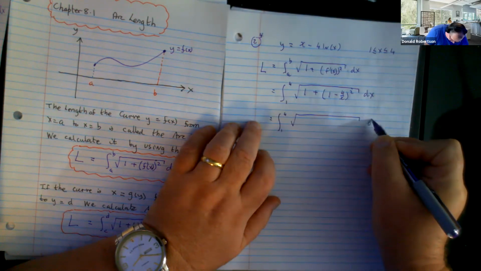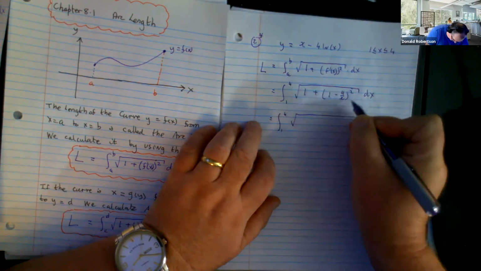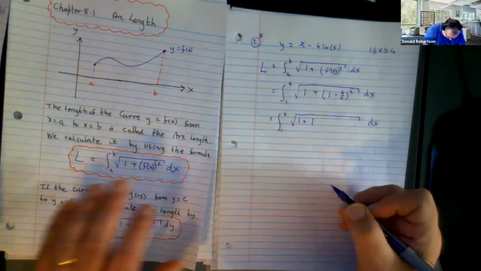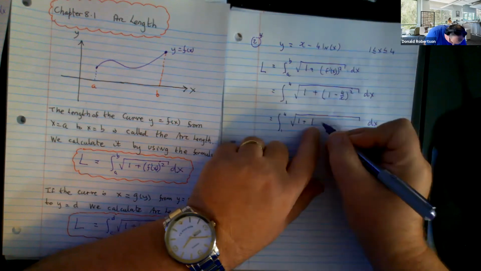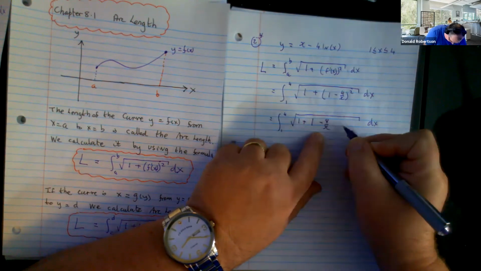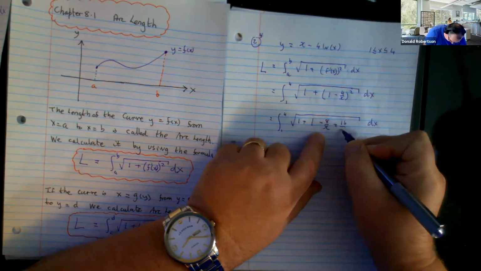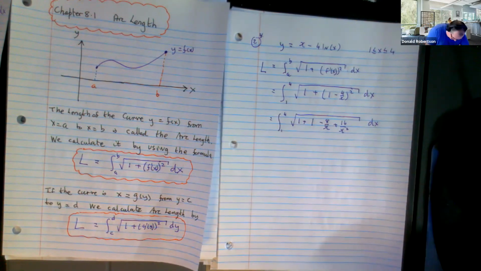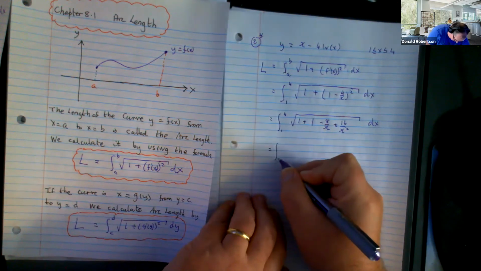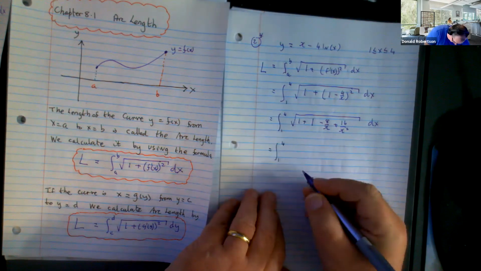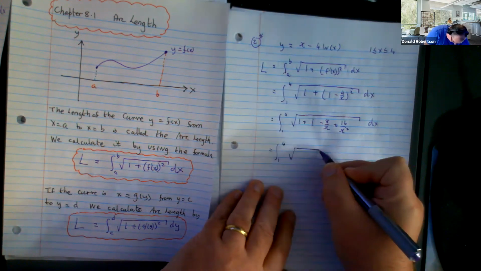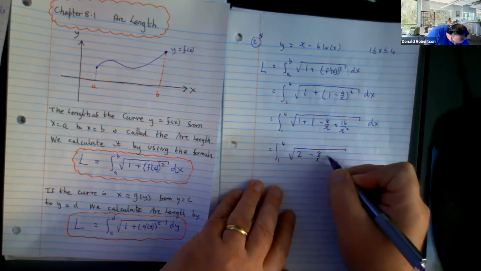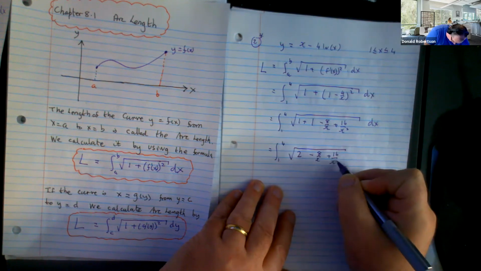First thing I'm going to do is FOIL this all out. 1 times 1 gets me 1. Then I get minus 8 over x, and I get plus 16 over x squared. And then I get the integral from 1 to 4 of the square root of 2 take away 8 over x plus 16 over x squared dx.